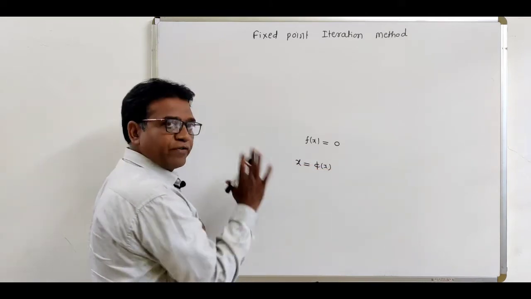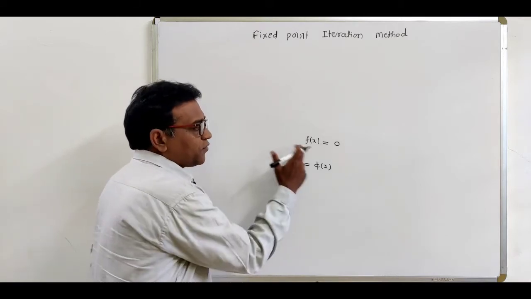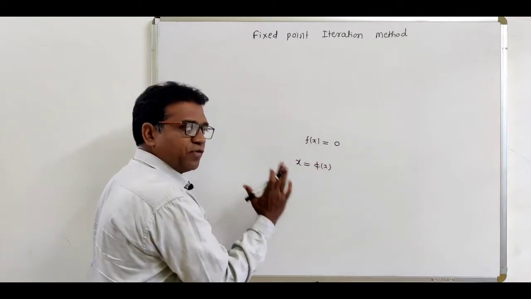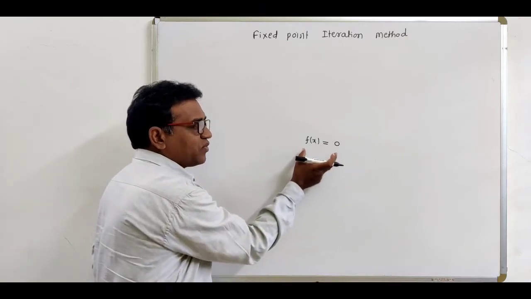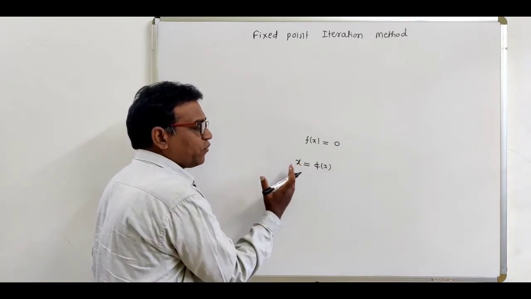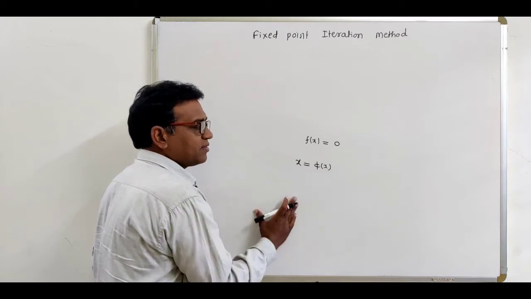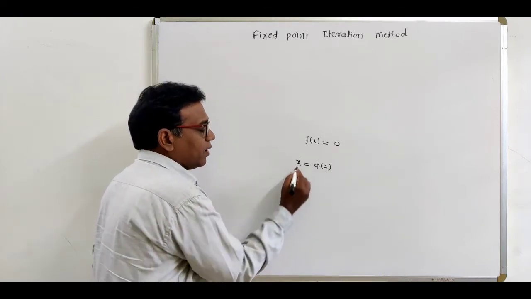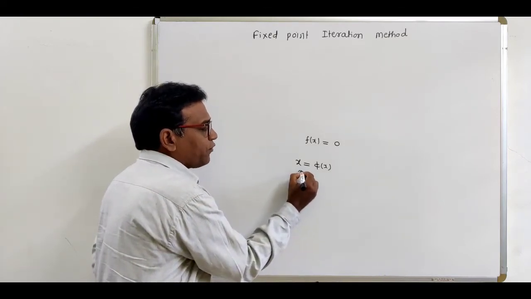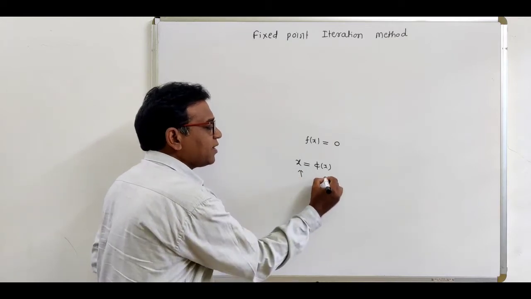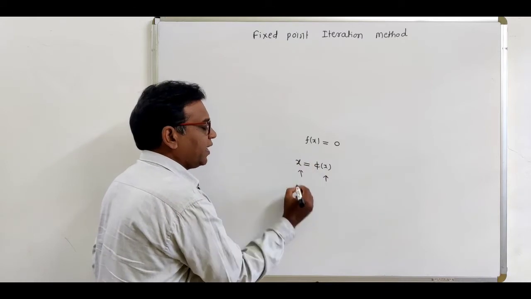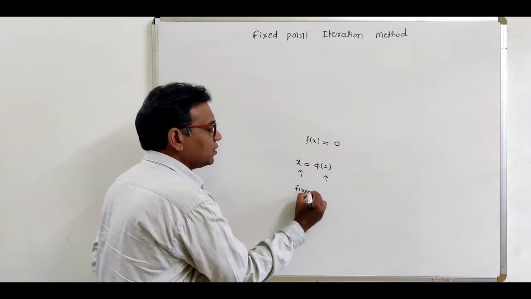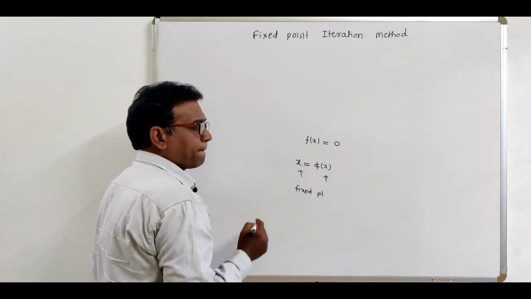That means the input of the function is the same as the output of the function. Then this point x is called the fixed point.